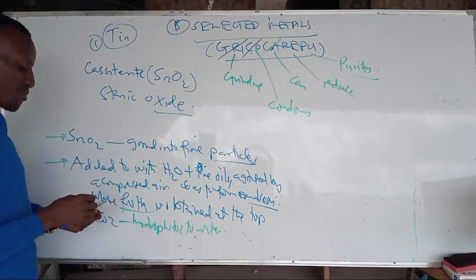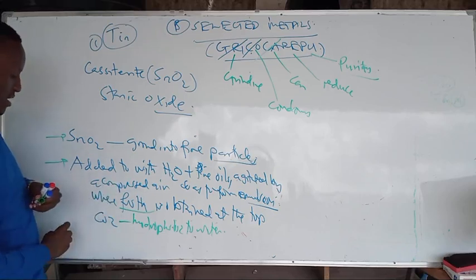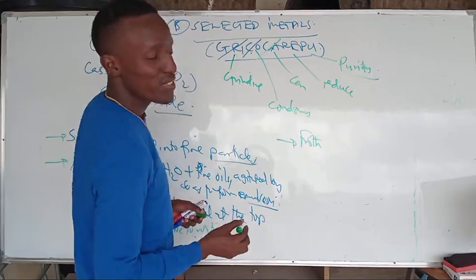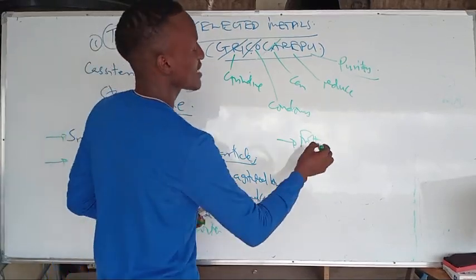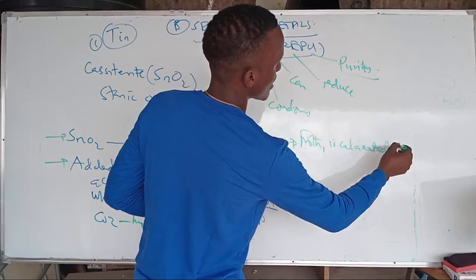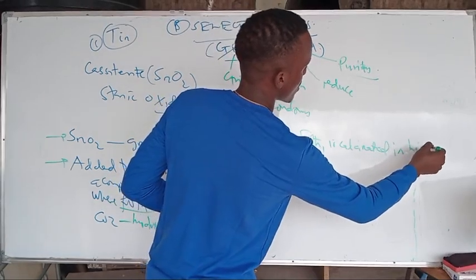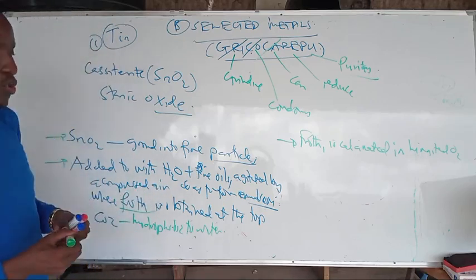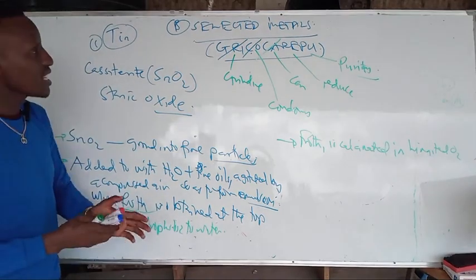So the froth obtained, the third step now, is being calcinated in limited oxygen. What happens here in calcination?